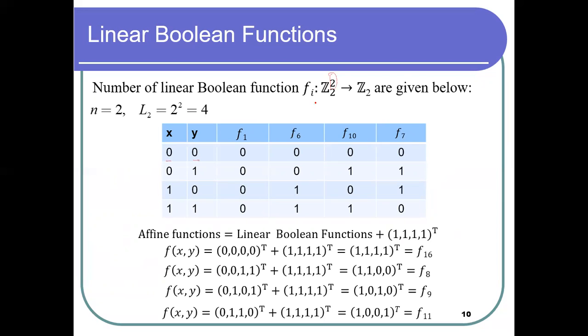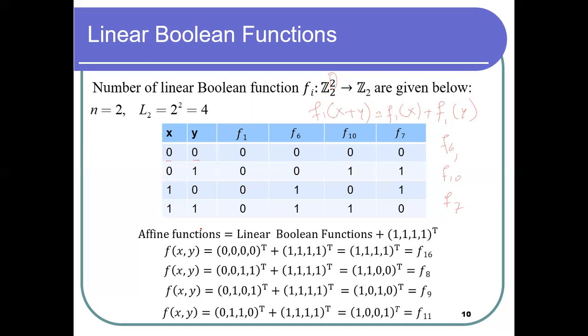Because f1 satisfies this property: f1 of x plus y equals f1 of x plus f1 of y. Similarly, f6, f10 and f7 also satisfy this linearity property. So all these 4 single valued Boolean functions, fi from Z2^2 to Z2, are linear Boolean functions.